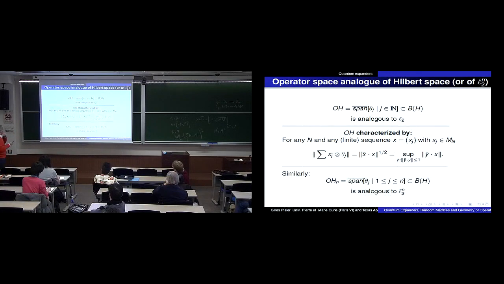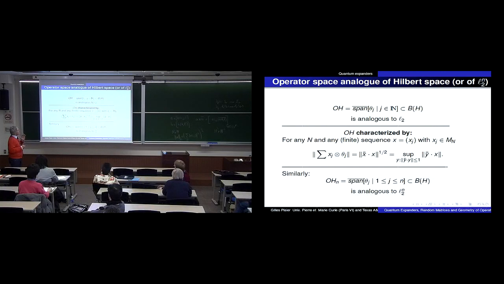Without explaining too much, this Cauchy-Schwarz inequality leads to a proof of the existence, in operator space theory, of a notion which is the analog of Hilbert space. I'll come back to operator space theory in the last minutes of the talk.